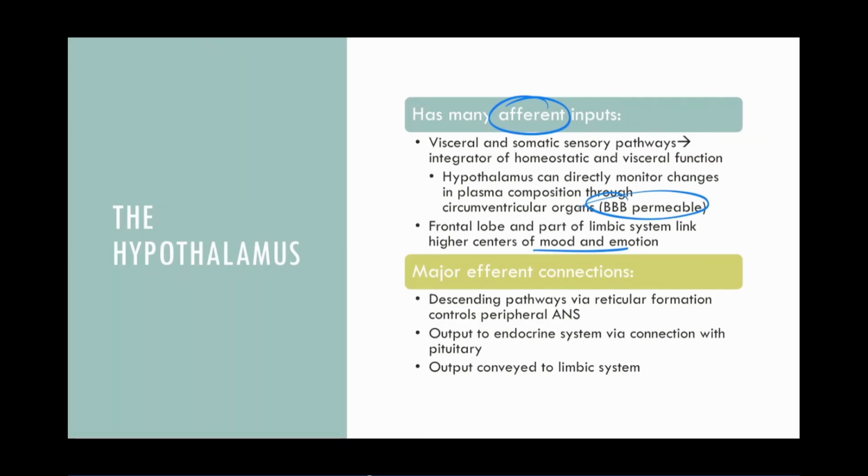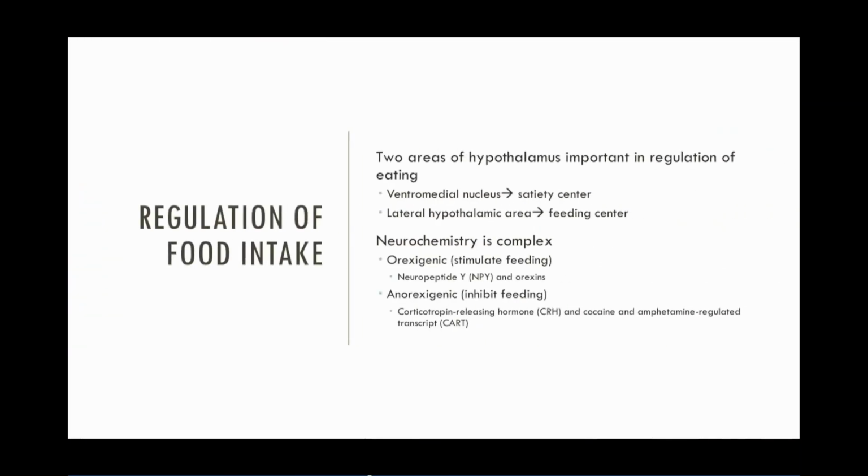Also has efferent connections, so descending pathways via reticular formation. Again, arousal, sleep, level of consciousness. Output to endocrine system, and also your limbic system. So it has these efferent pathways that leave the hypothalamus. Food intake. We have 2 parts of the hypothalamus that regulate our food and eating.